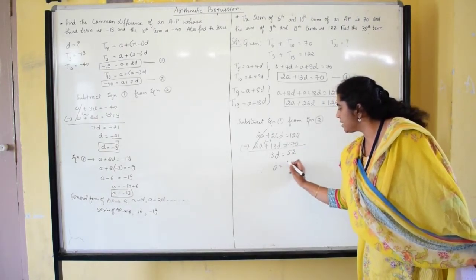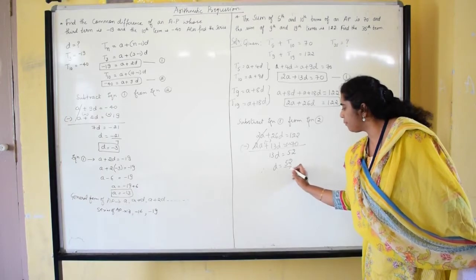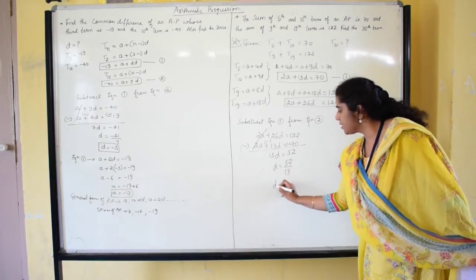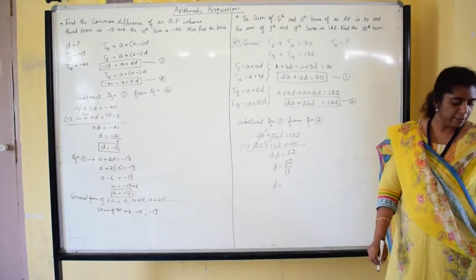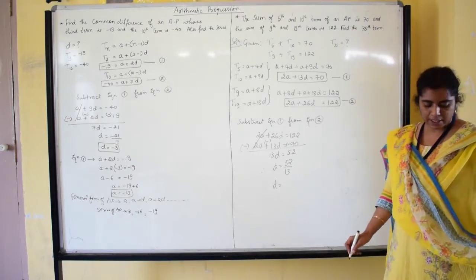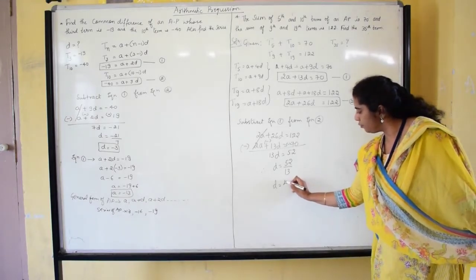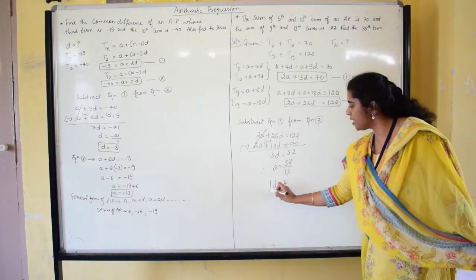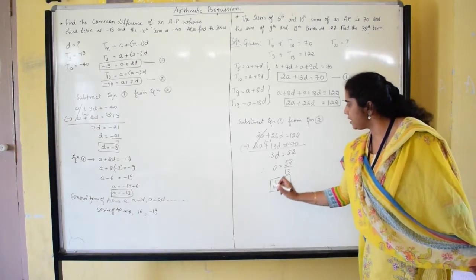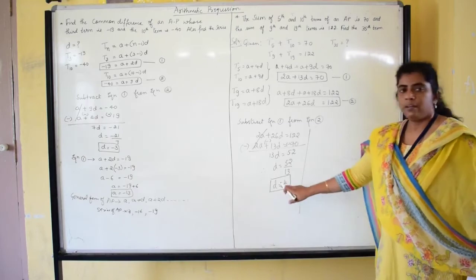Therefore d is equal to 52 divided by 13, which is 4. 13 ones are 13, 13 fours are 52. The common difference we got is 4.